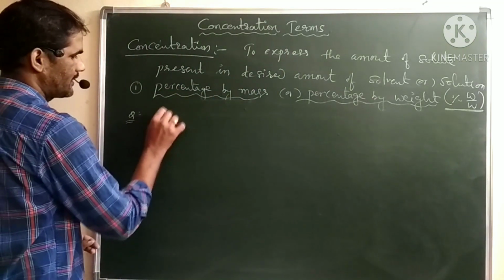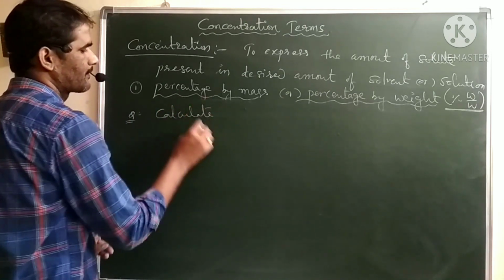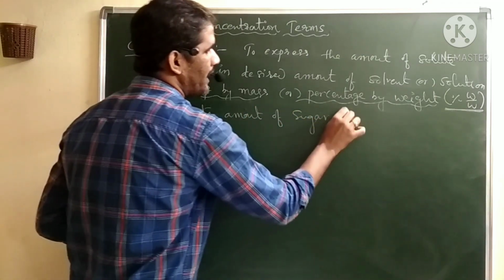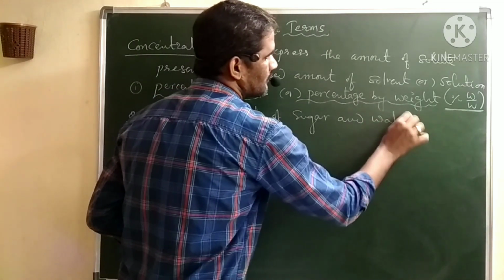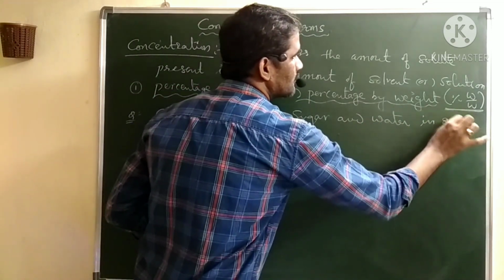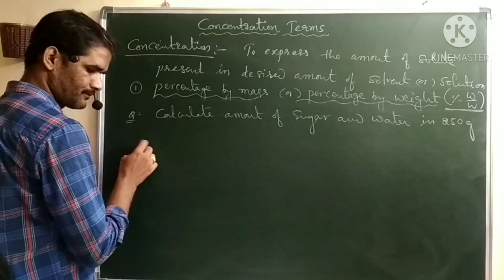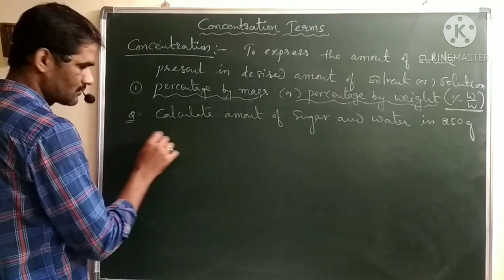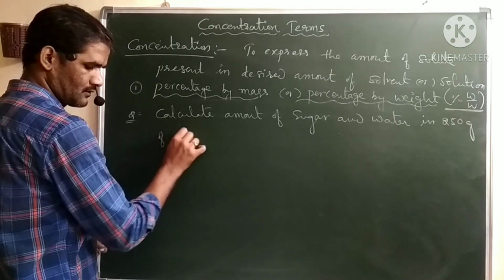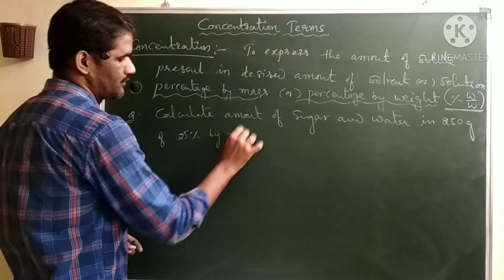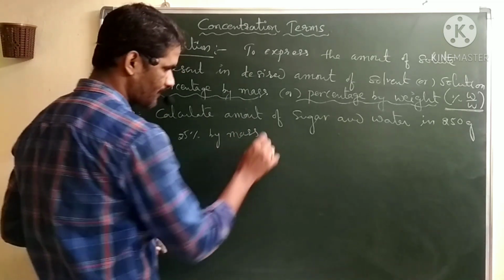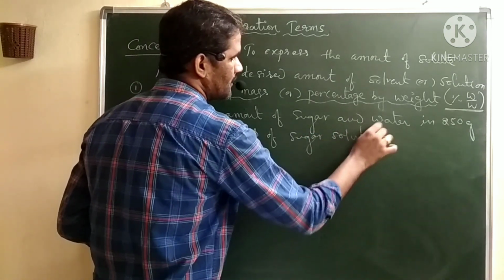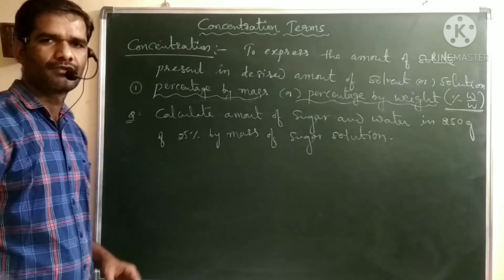Calculate the amount of sugar and water in 250 gram of 25% by mass sugar solution.